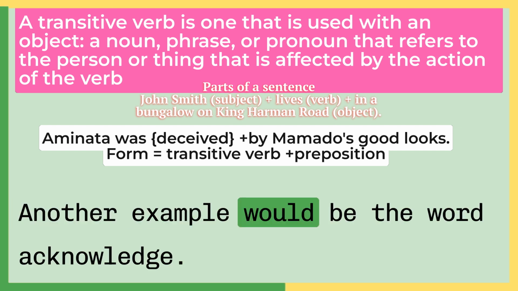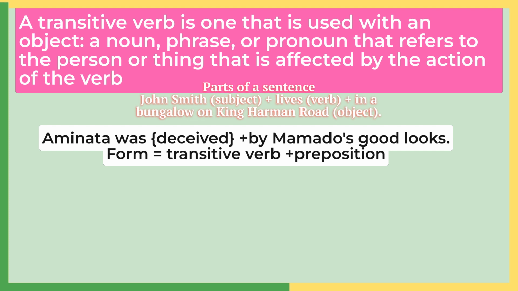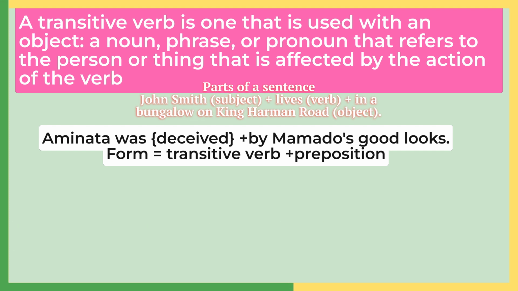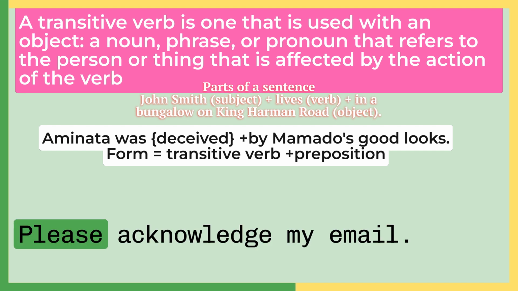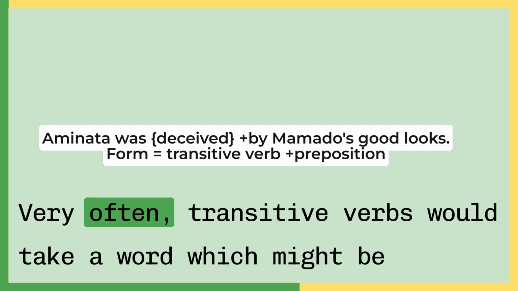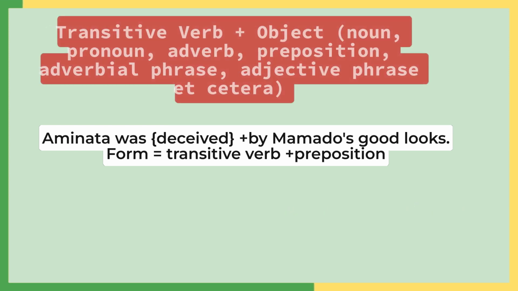My other example would be the word acknowledge. Please acknowledge my email. Very often transitive verbs would take a word which might be a preposition or a noun, a phrase, or a pronoun.